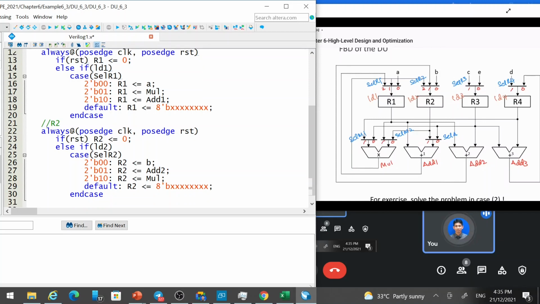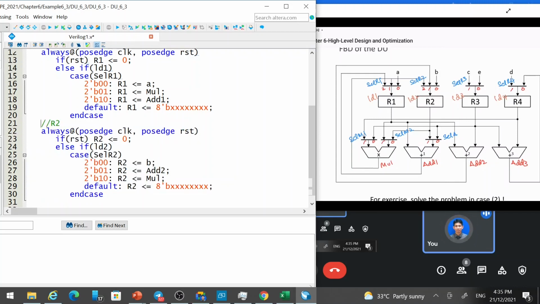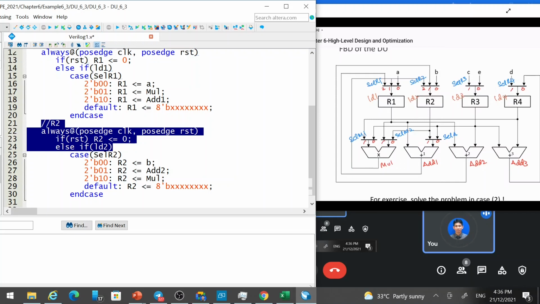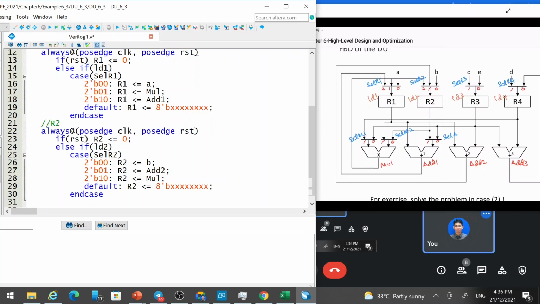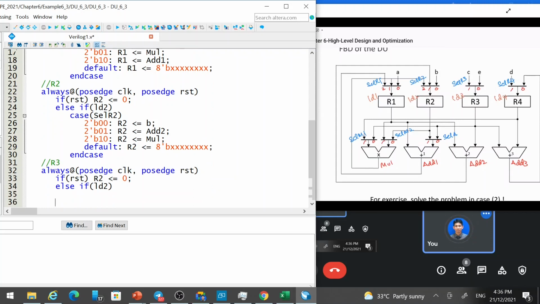Number 3 and number 4 are a little bit different because we have only a 2 to 1 multiplexer instead of 4 to 1 like this. But the concept here should be the same. So we can have this and name it R3. And here is R3 and D3.